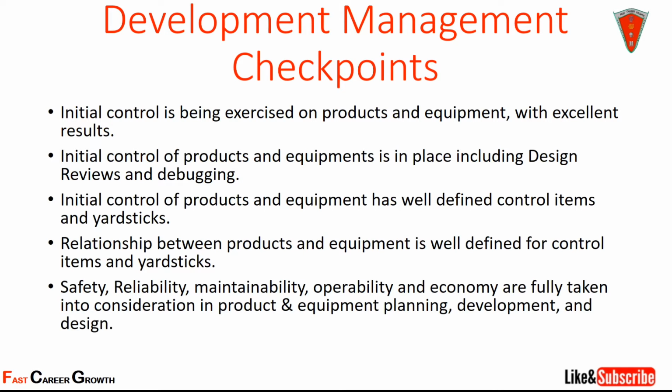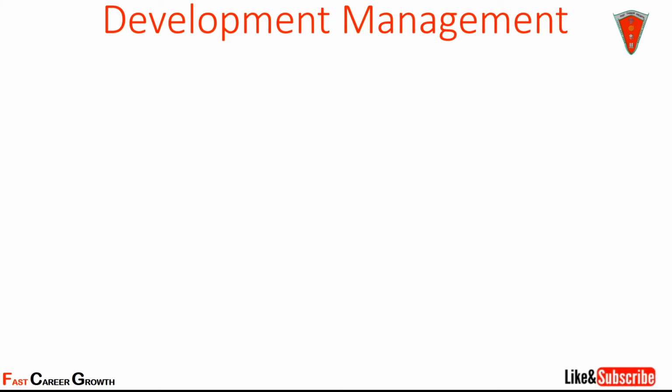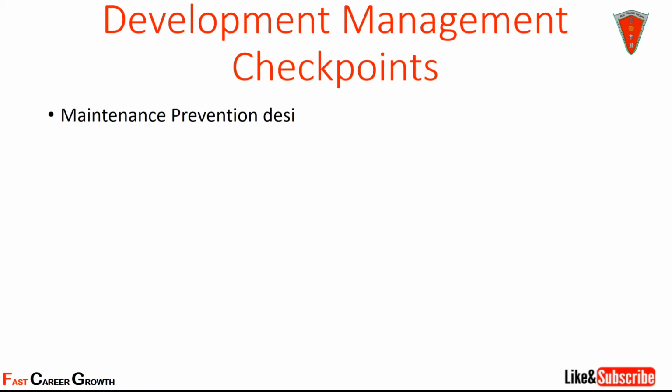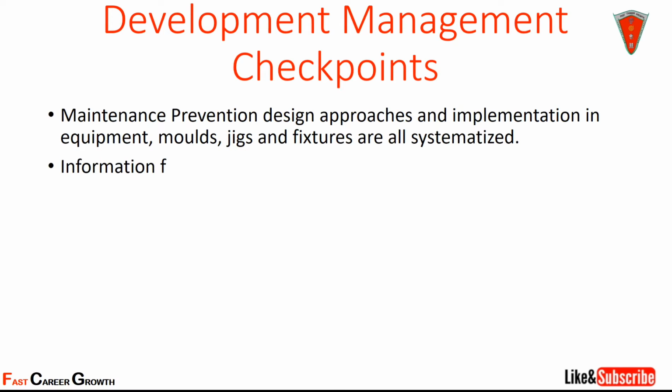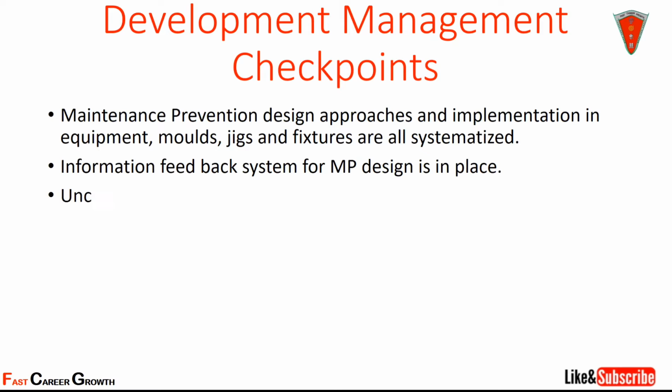The other checkpoints of development management are maintenance prevention design approaches and implementation in equipment, molds, jigs, and fixtures are all systemized. Information feedback system for MP design is in place. Uncertainty factors are taken into consideration in equipment planning.